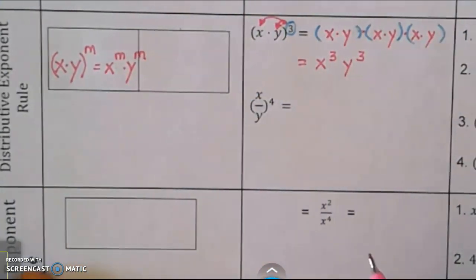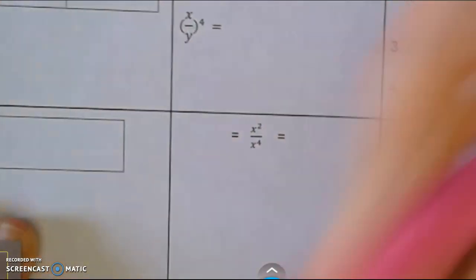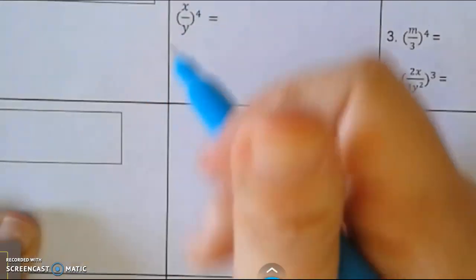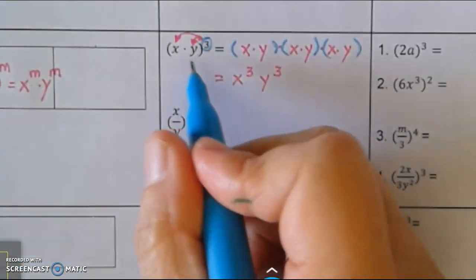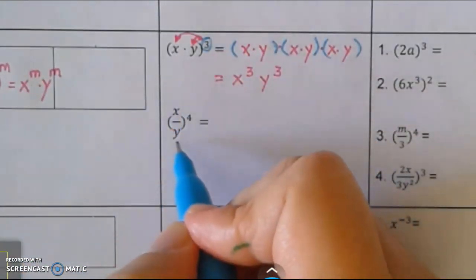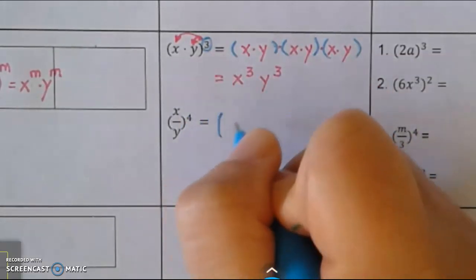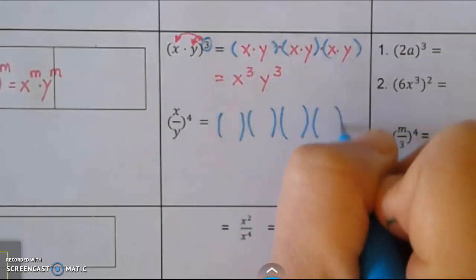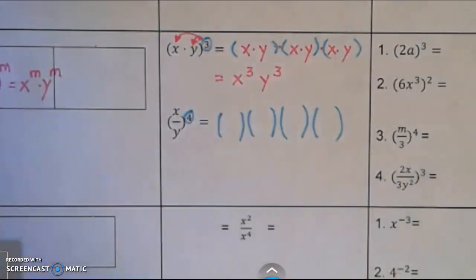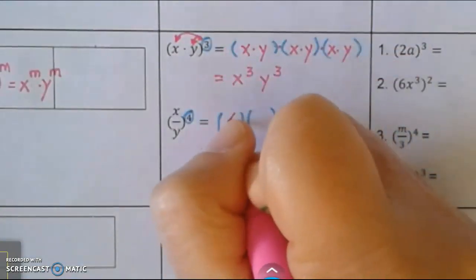Okay, let's do the other problem. X over y. This time, instead of multiplying, you are dividing. Whatever is in the parentheses is multiplied to itself 4 times. That's what this 4 tells me. And what's inside the parentheses happens to be x over y.